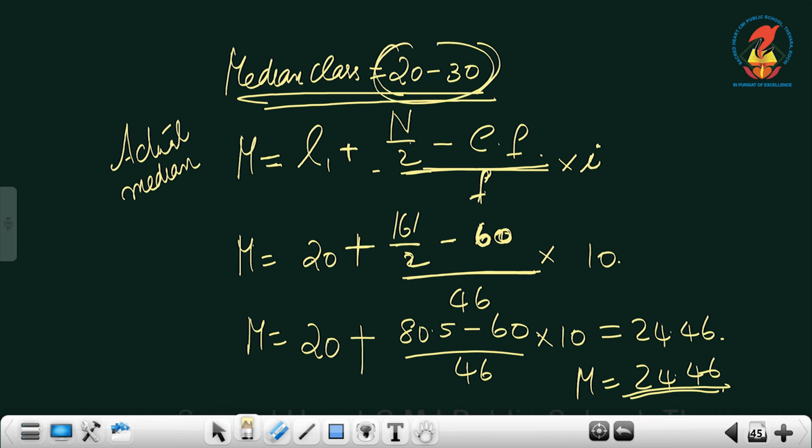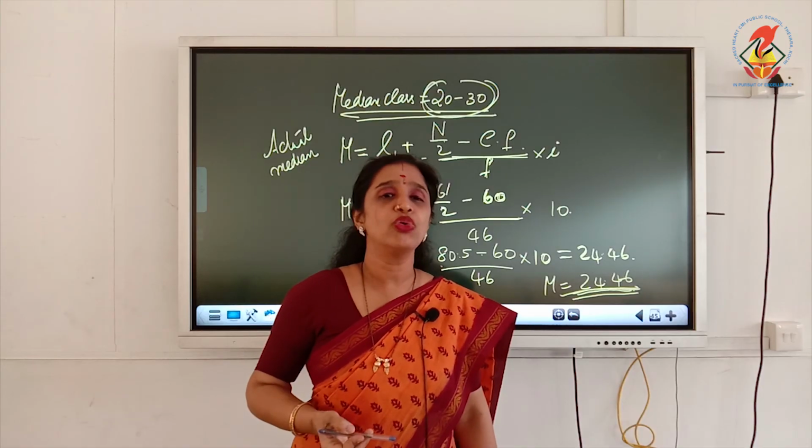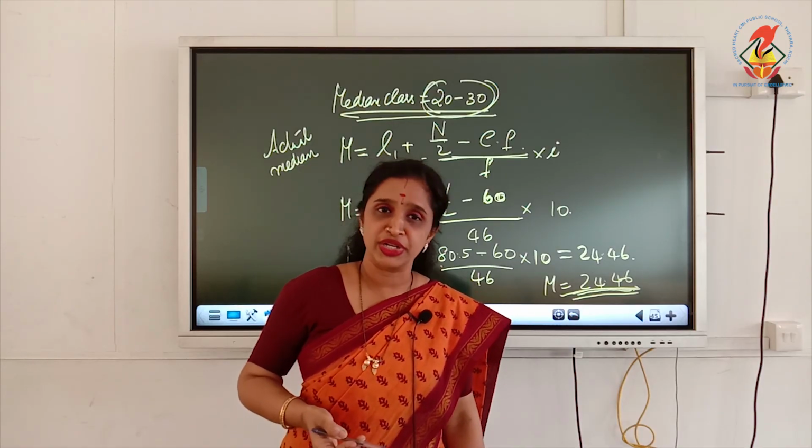What is the gap between 20 and 30? 10. So, 20 plus (80.5, you know what, 161 by 2, is 80.5, minus 60) by 46 into 10, you will get the value as 24.46. Therefore, the median value is equal to 24.4.